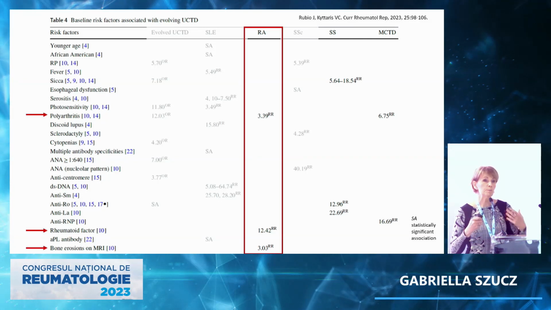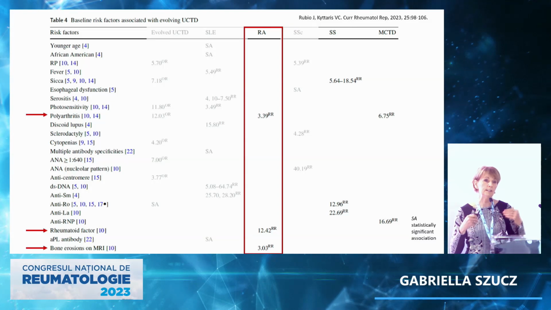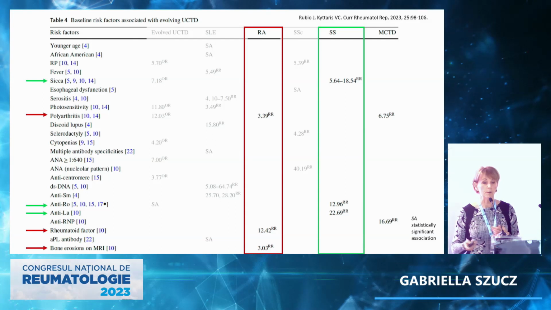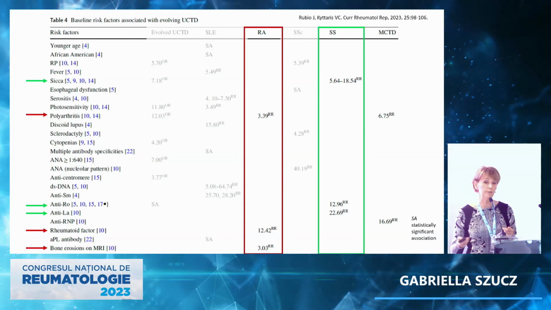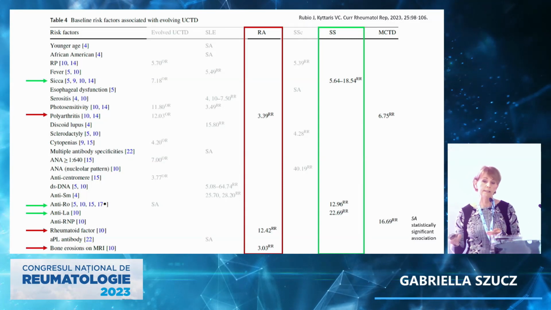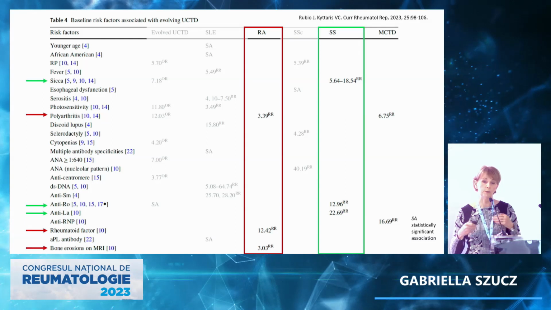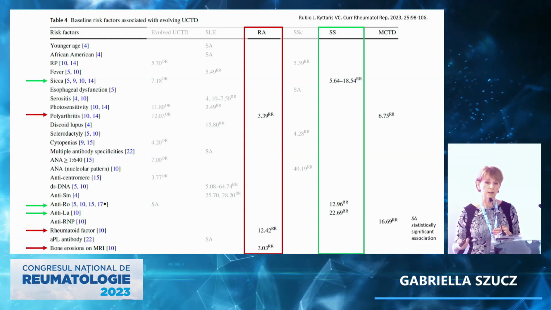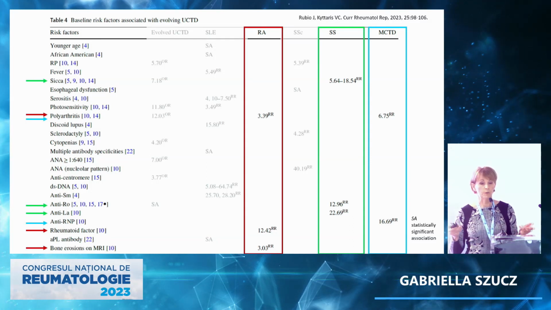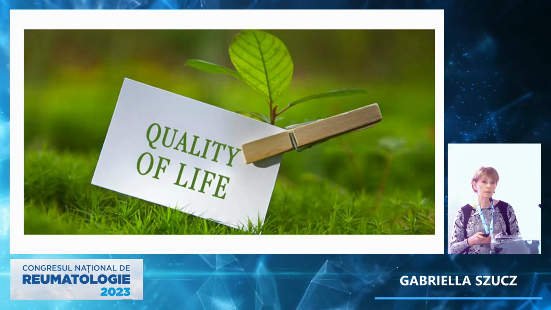We have some special clinical symptoms which mean that the UCTD is at risk for rheumatoid arthritis, and this is the polyarthritis and rheumatoid factor. The sicca, anti-Ro, anti-La antibody means that the evolution will occur towards Sjögren's syndrome, and MCTD means also the polyarthritis and anti-RNP antibody.